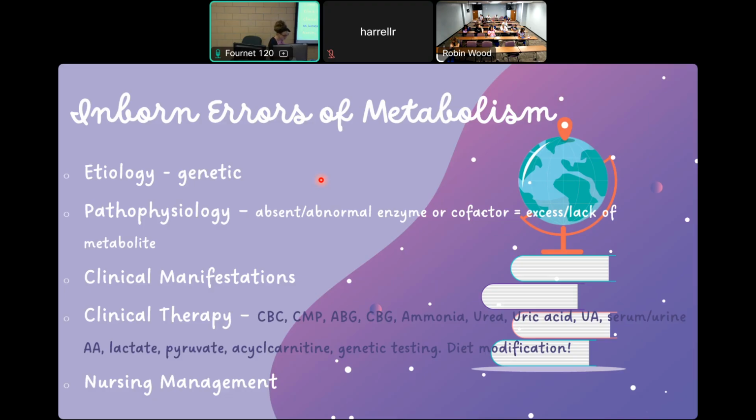So definitely want to catch it. And it can affect, like I said, a lot of different metabolites. Some of them affect amino acids, some affect fatty acids or carbs or vitamins, proteins, all kinds of stuff. Honestly, there are so many of them, and they're all kind of different.